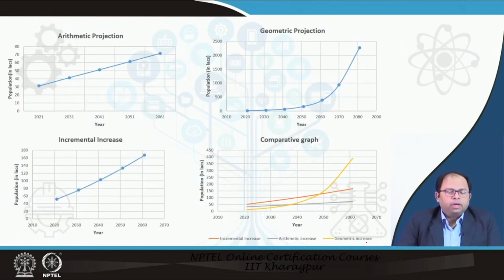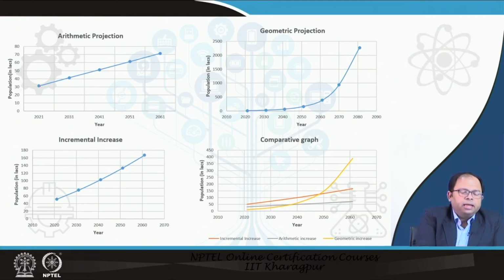If I draw these projections, how it looks in a graph, we can see that the linear projection is pretty straightforward. That means it increases at the same rate. So, this is the arithmetic projection. In geometric projection, the rate of increase is low during the first years, and then suddenly it picks up.